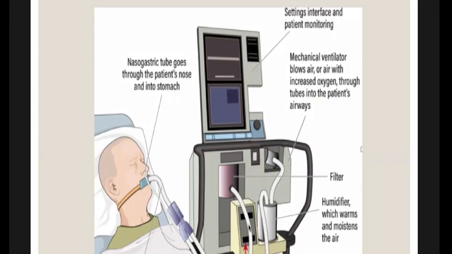So this is the exhaust port or the filter where they filter all the bacterial components, particles, and then they release filtered air out from the ventilator. And then you have the inspiratory limb, which comes through the humidifier and which warms and moistens the air that is being inhaled. That is the inhaled air that is reaching the patient ultimately.